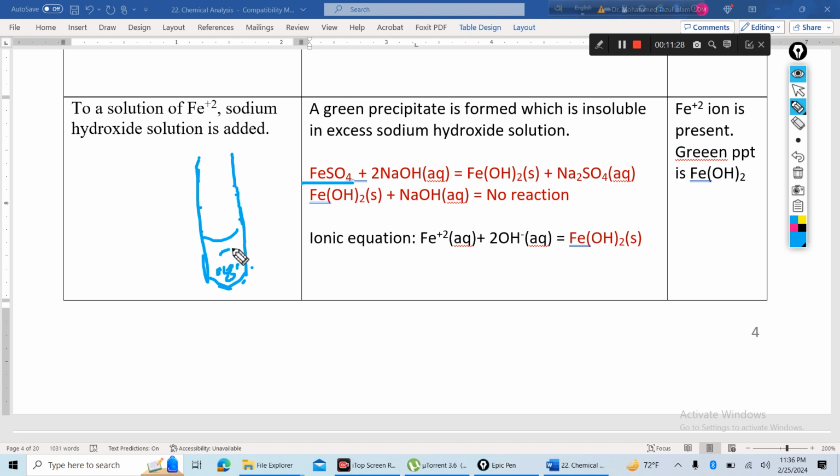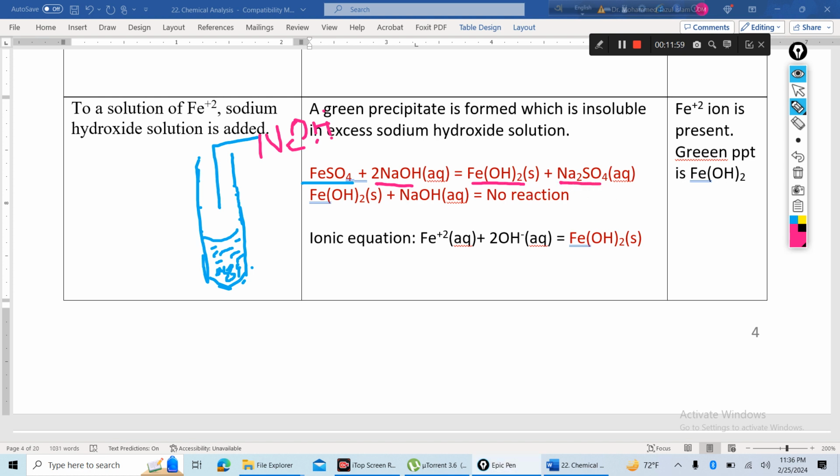After adding water, this solution will be prepared. By adding distilled water, you will prepare the solution. Then you add sodium hydroxide solution. After adding sodium hydroxide, you will see iron 2 hydroxide, a pale green or green precipitate, is formed, plus sodium sulfate salt.